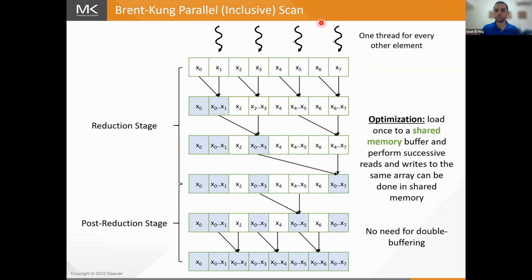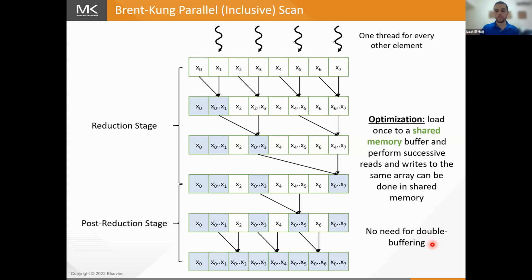In the Kogge-Stone approach, we had another thread that was reading this value and then adding the previous value to it and updating it. But we don't have that for this algorithm, and that's why we don't need double buffering. We don't have any race conditions.